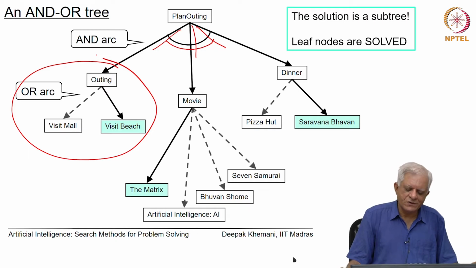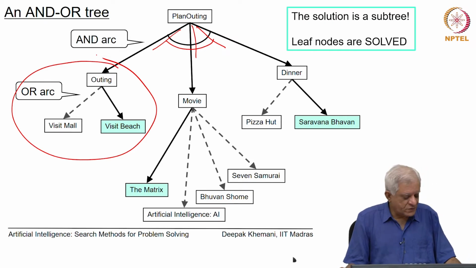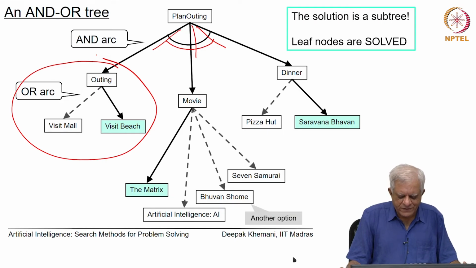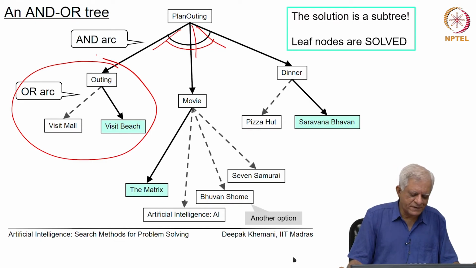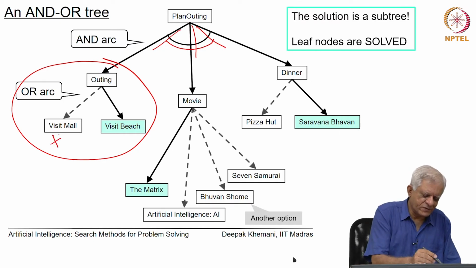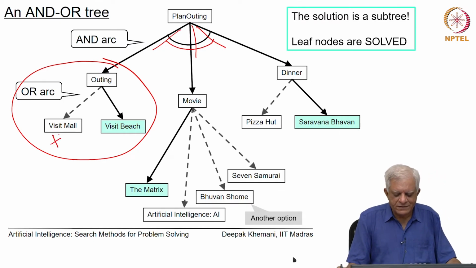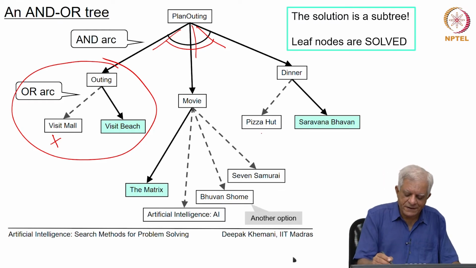If you were to do the whole thing autonomously, there may have been further refinement of each of those 3 components of the solution, which is visiting the beach and going to the movie, for example, you have to buy tickets and all this kind of stuff and so on. In this case, as we saw, your friends wanted to go to the beach clearly, because all the options with mall were rejected. So, that is definitely not a candidate, and also at least in the case of the film, we saw that Pizza Hut was rejected, but Saravana Bhavan was selected.